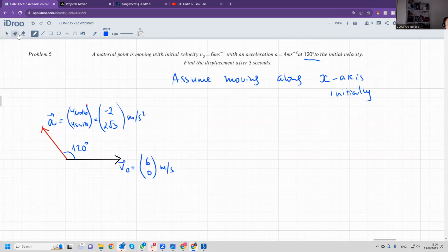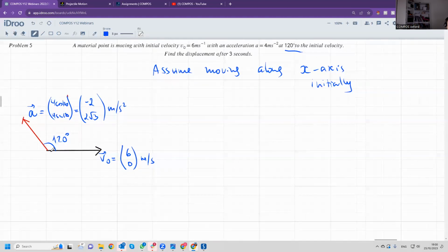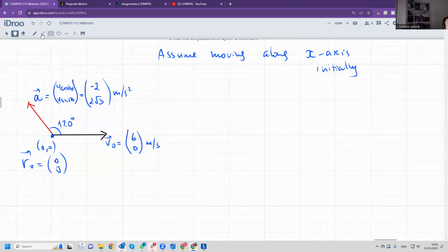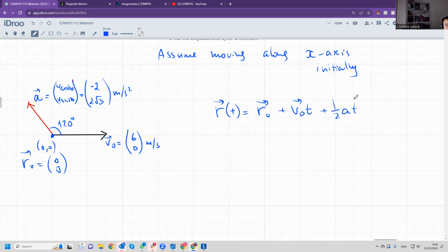It doesn't say where the object is, so we assume that the initial position is 0, 0. That means R0 is 0, 0. Okay, so we write our wonderful equation of motion. R of t is equal to R0 plus V0 t plus 1/2 a t squared.